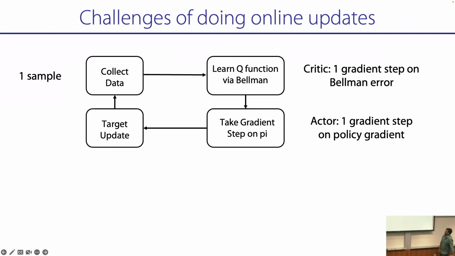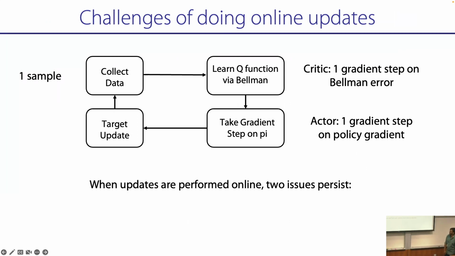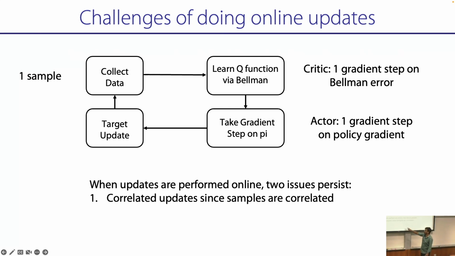Okay, so the problem, as you astutely noted, is that when you're performing updates online, if you do online optimization, where every time a sample comes in you take a gradient step, the updates are super correlated because you're doing updates with a bunch of samples from a trajectory. So it's not at all IID.